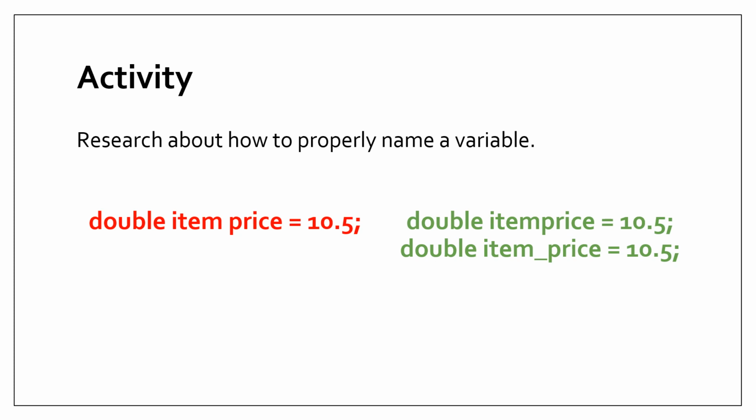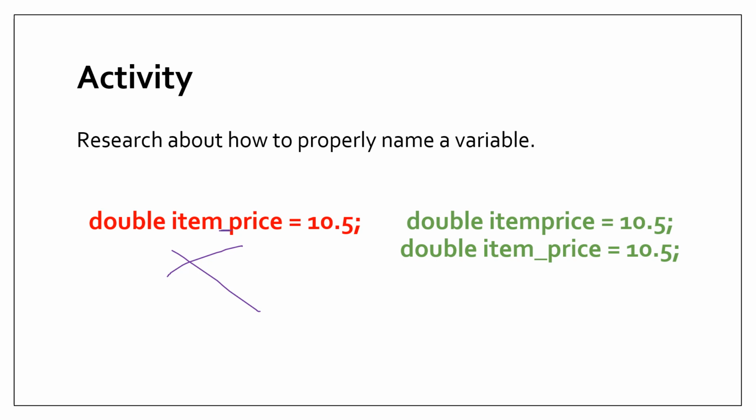Activity: please do your personal research about how to properly name a variable. There are do's and don'ts in naming your variable. As you can see in this example here, double item price, this is wrong because variable names should have no spaces in between.